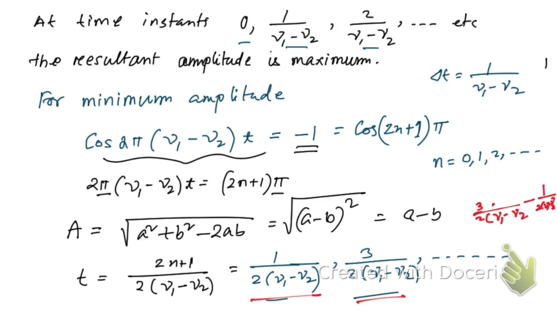With 2 (nu1 minus nu2) as the LCM, the numerator is 3 minus 1, which is 2, and it cancels. Again we get 1 by (nu1 minus nu2). So the time interval between any two successive maxima or successive minima is given by 1 by (nu1 minus nu2).